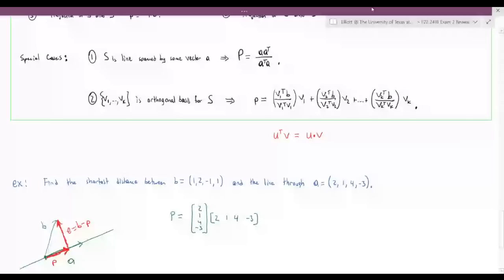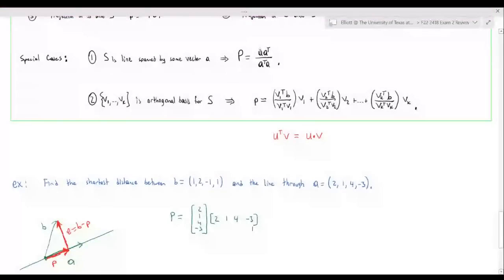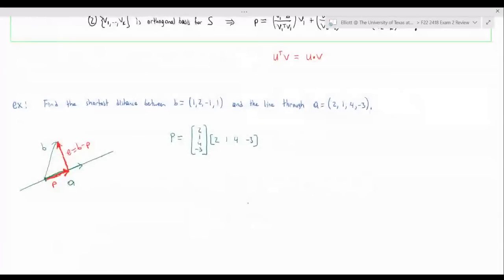Notice that when you're using this formula, the vector is always written as a column, so that's why I wrote A as a column. The vector transpose will now be a row, okay? I'm going to divide that by A transpose times A.